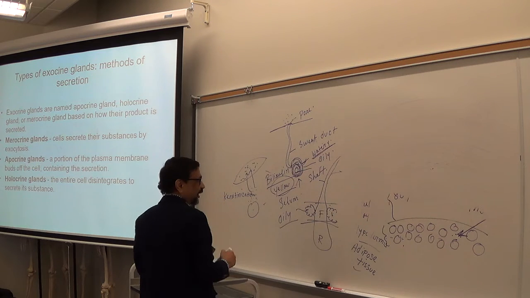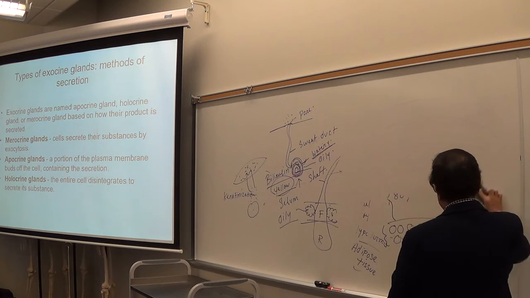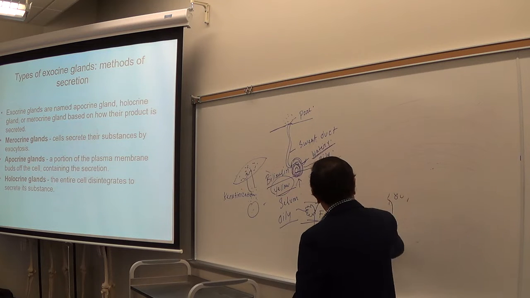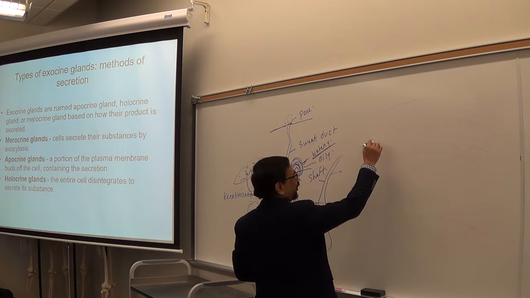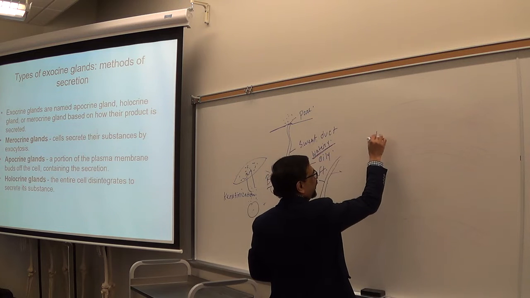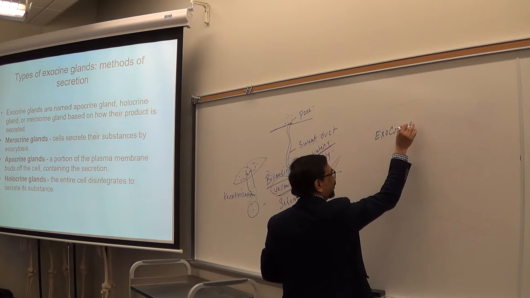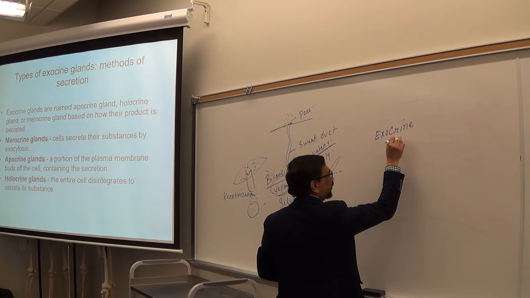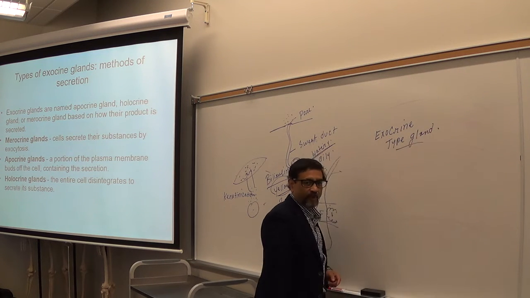Two types of glands, sweat and sebaceous. Now, all skin glands are exocrine type glands.